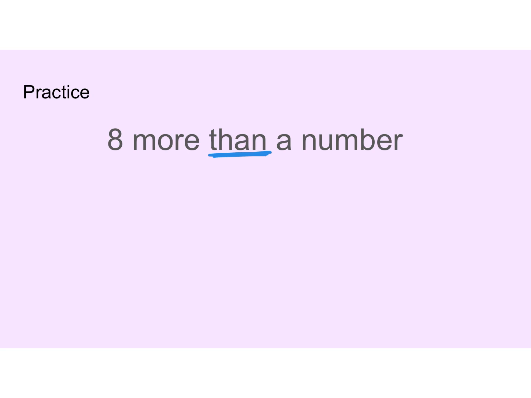So what follows the word than, which is a number, actually has to come first, and then the 8 more comes after. So it's going to be n plus 8.